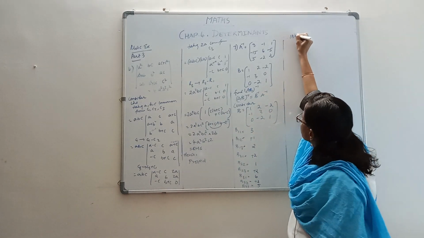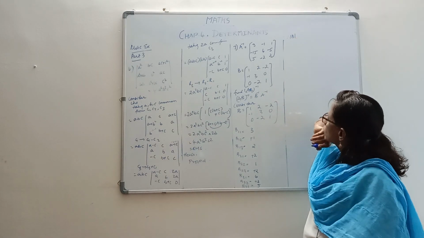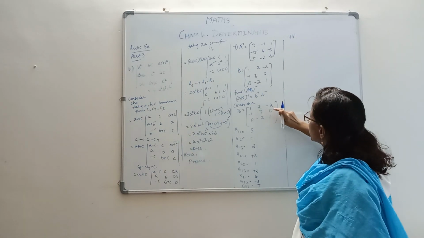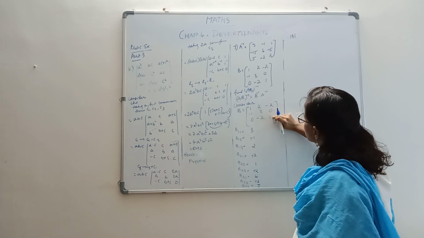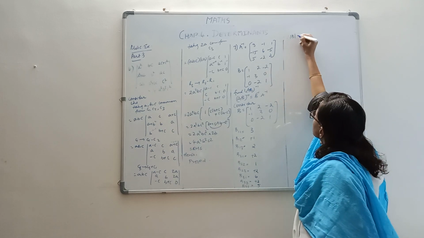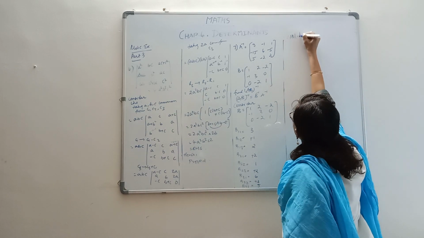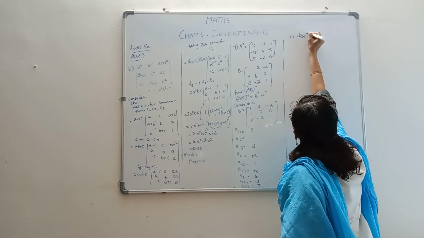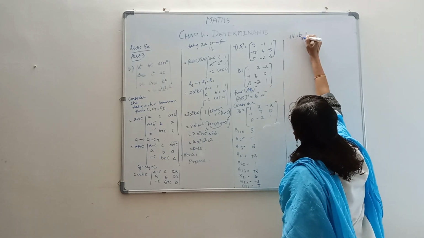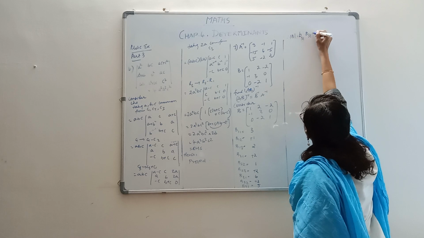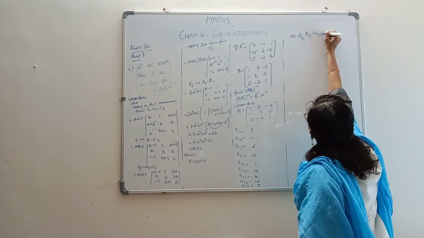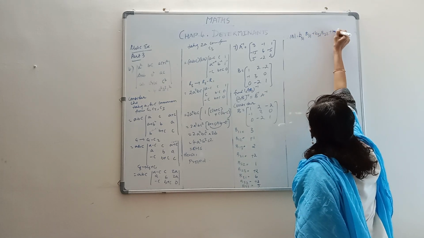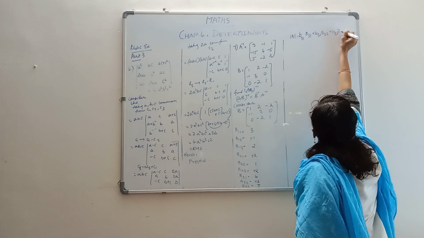Let's see the determinant of B, and the best way to get the determinant maybe by taking the second row or the third row. Both are equally okay. Let's take the third row. In the third row, we have B31, B32, B33.